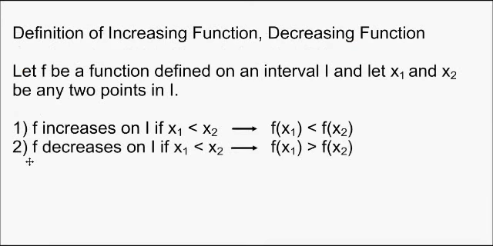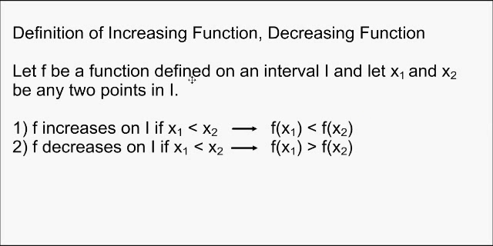Okay. Definition of increasing and decreasing functions. We've talked about these before a bit too. Let f be a function defined on an interval I, and let x sub 1 and x sub 2 be any 2 points on I. Number 1, f increases on I if x sub 1 is less than x sub 2, so that f of x sub 1 is less than f of x sub 2.